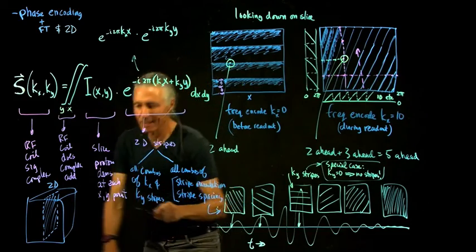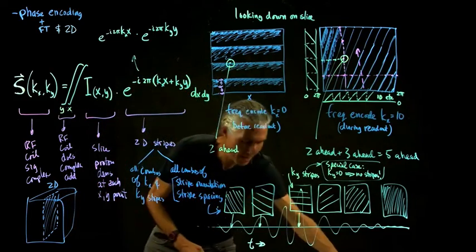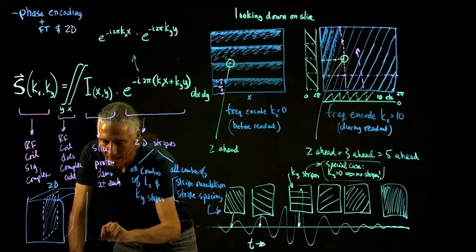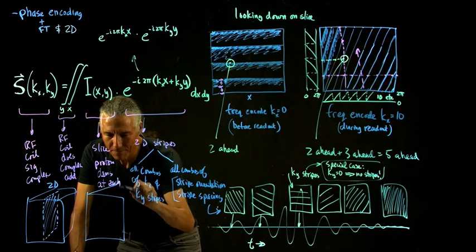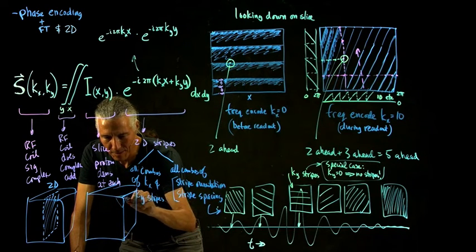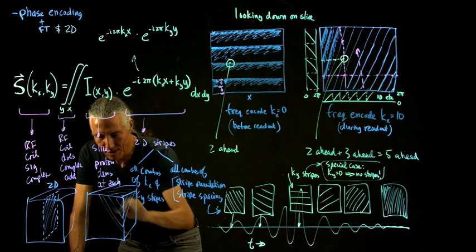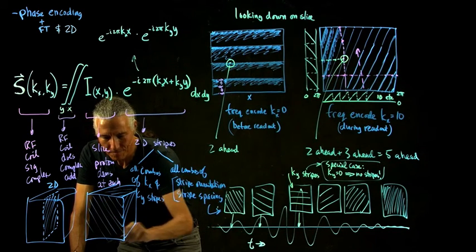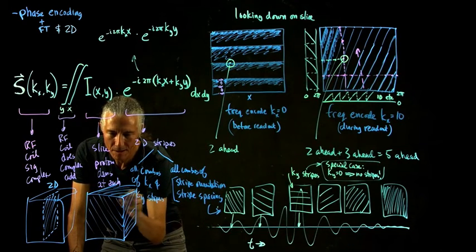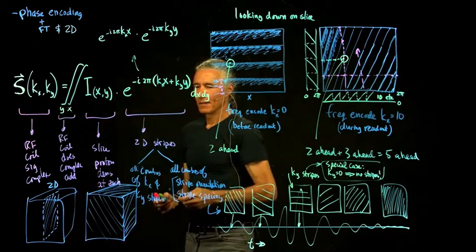Well, 3D is, let's just excite the whole brain, and then put stripes on the whole thing. You'll end up with some arbitrary set of stripes across the whole brain like this.